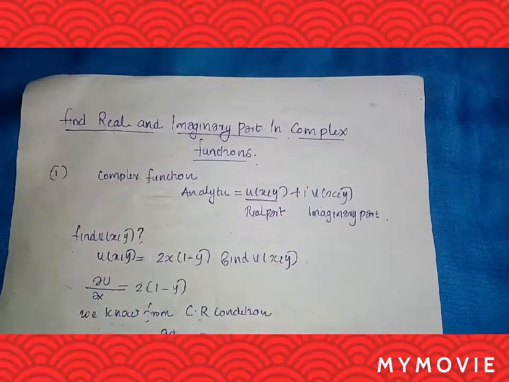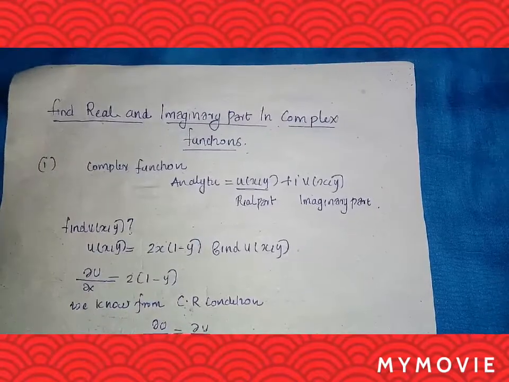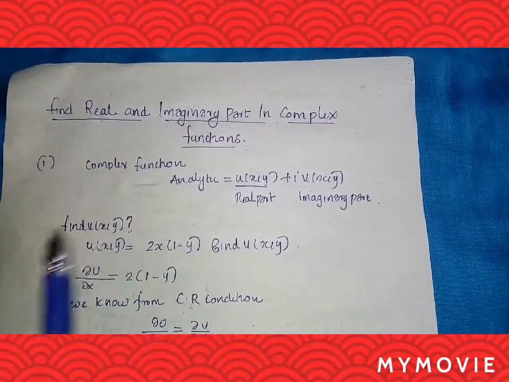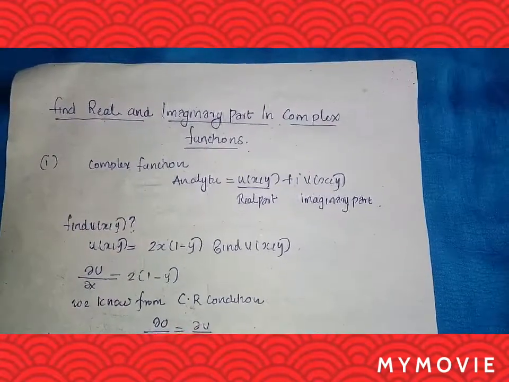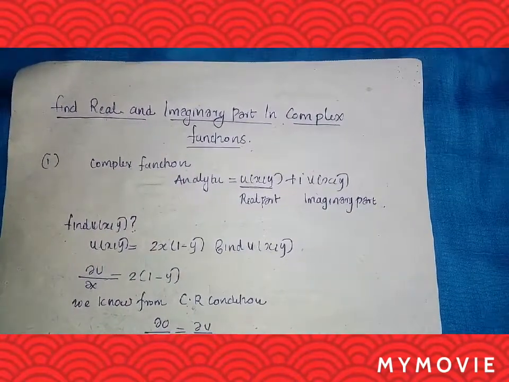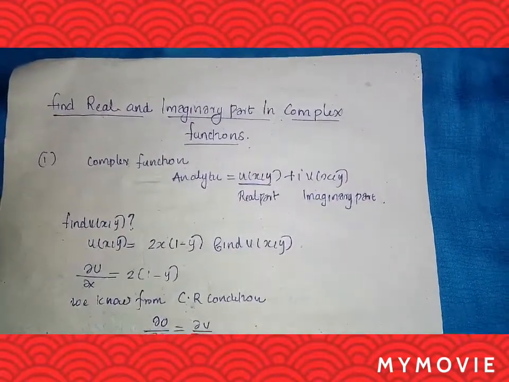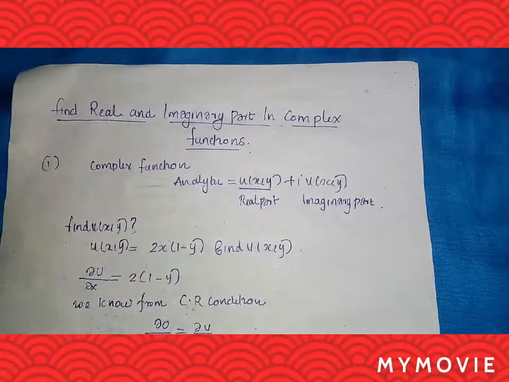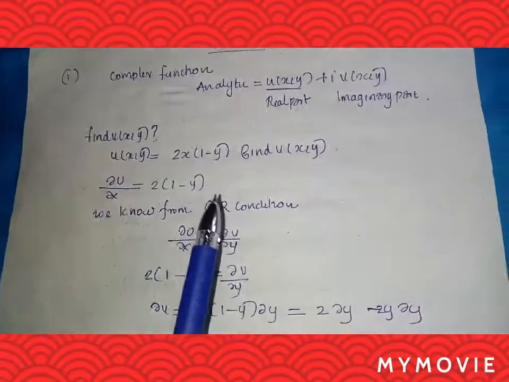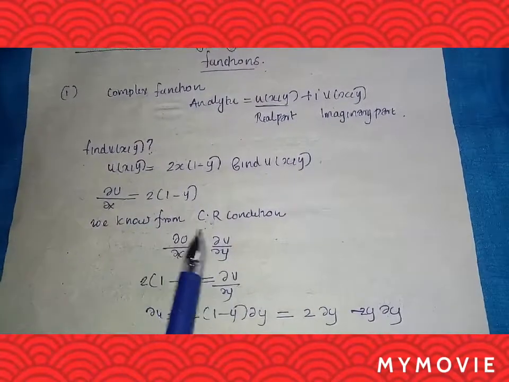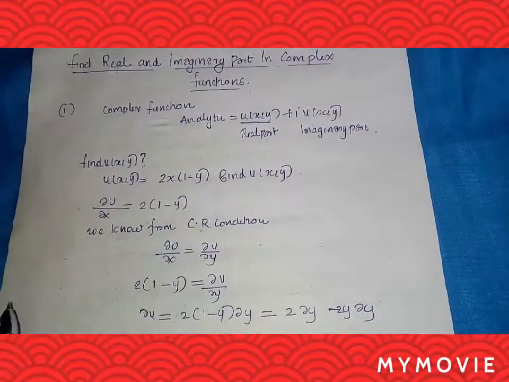In CSIR physics exam, the questions ask to find the real part or imaginary part of analytic functions. The types of these problems are discussed here. First problem, here the u of x y, that is the real part, is given. We have to find the imaginary part of this analytic function.